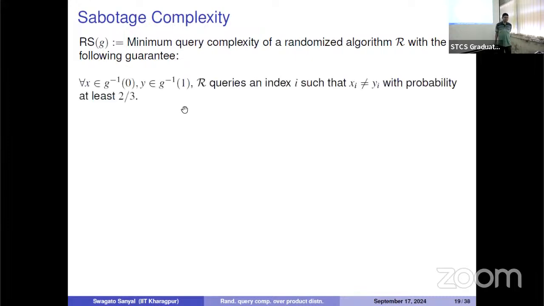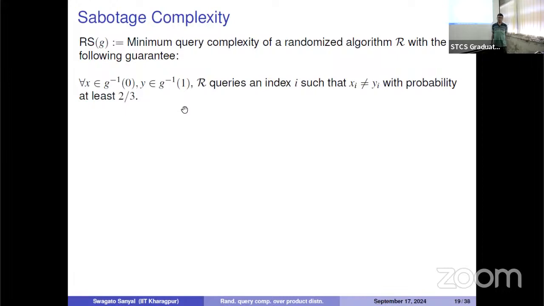For every pair X, Y of input bit strings such that G(X) is 0 and G(Y) is 1, R when run on X queries an index on which X and Y differ with high probability. So R distinguishes the two inputs X and Y.